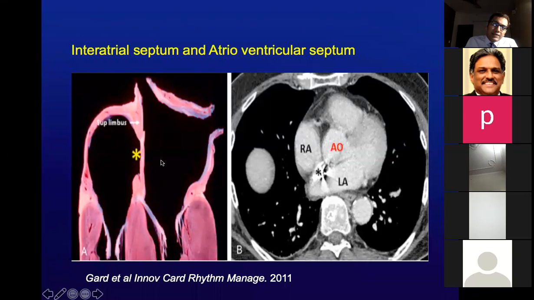Once you've gotten access into the left atrium, you have certain specialized circular catheters that go into the pulmonary veins. You keep these catheters at the ostium of the pulmonary vein right here. And then you ablate around these veins with radiofrequency energy to isolate these pulmonary veins electrically from the rest of the left atrium.